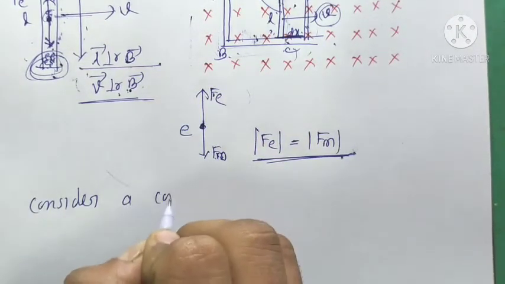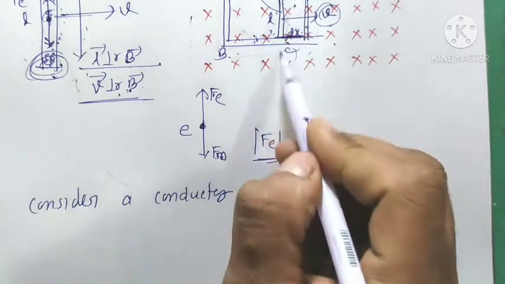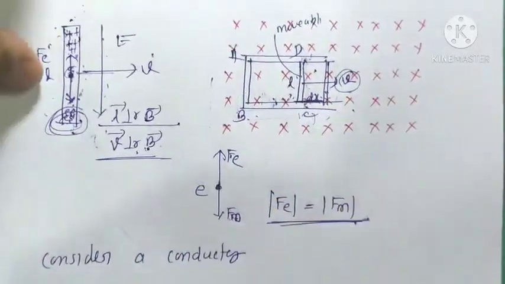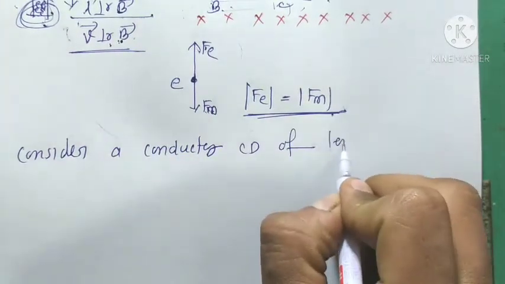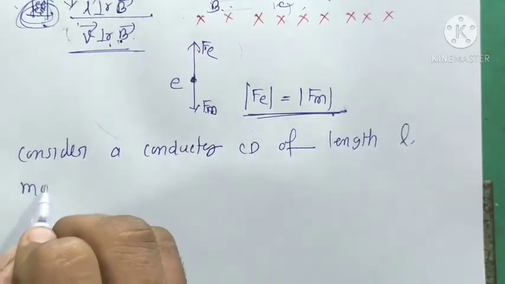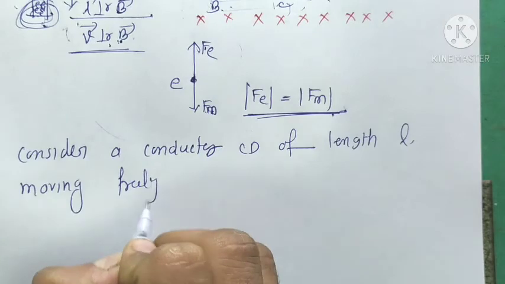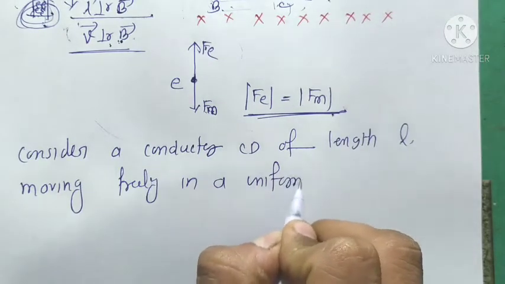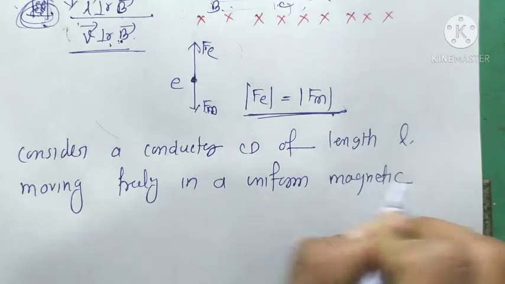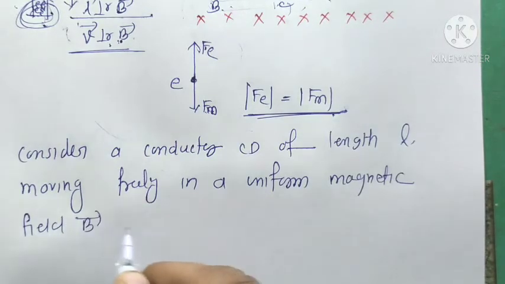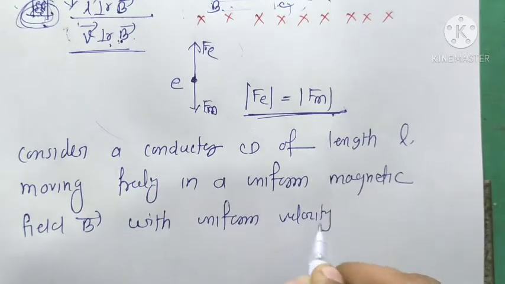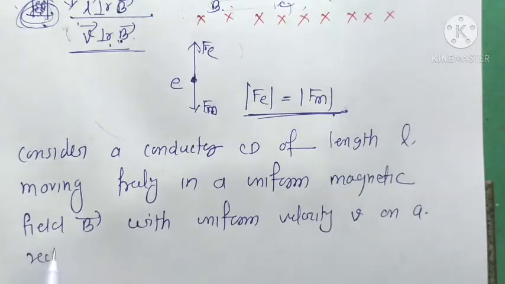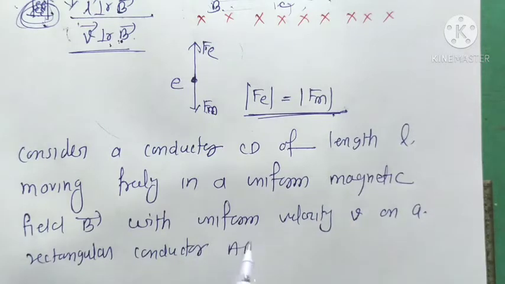So we write here: consider a conductor CD of length L moving freely in a uniform magnetic field B with uniform velocity V on a rectangular conductor ABCD.